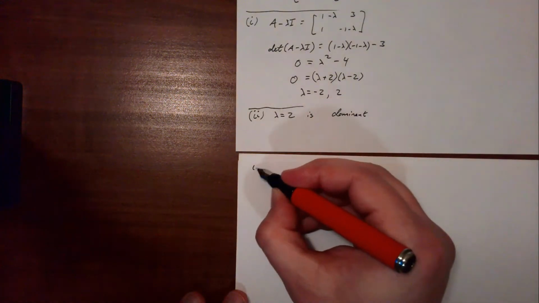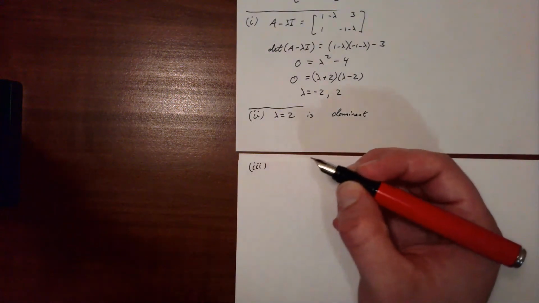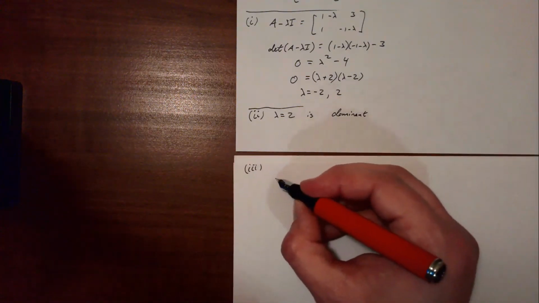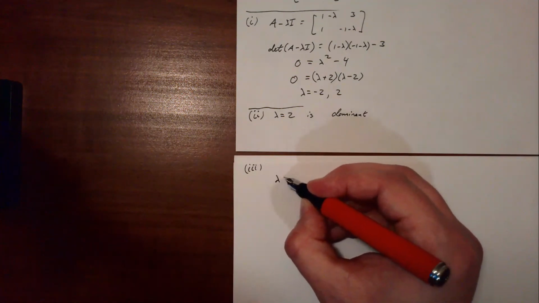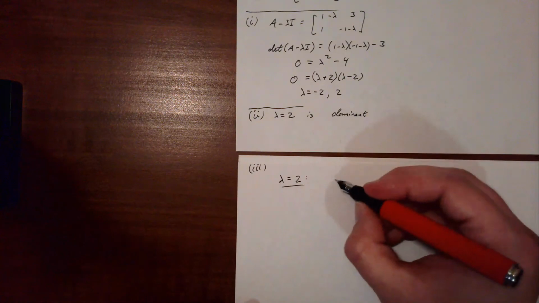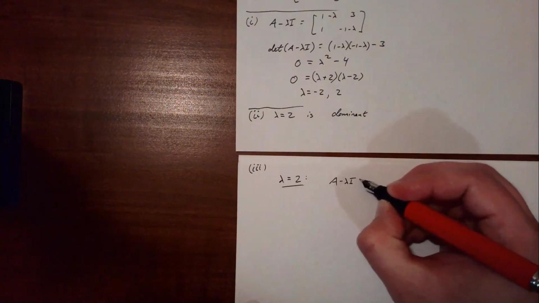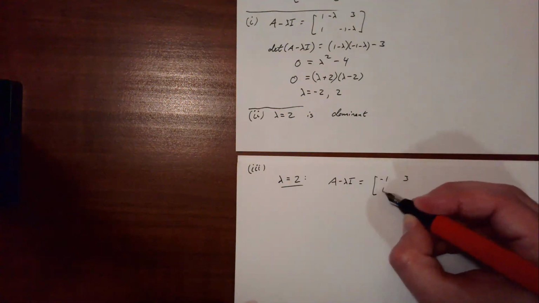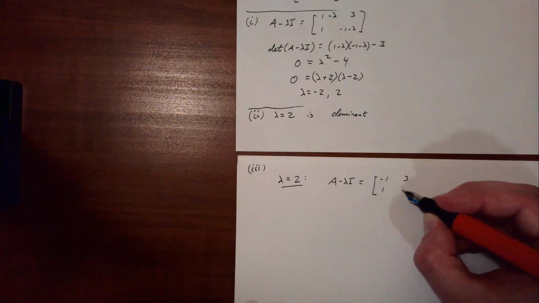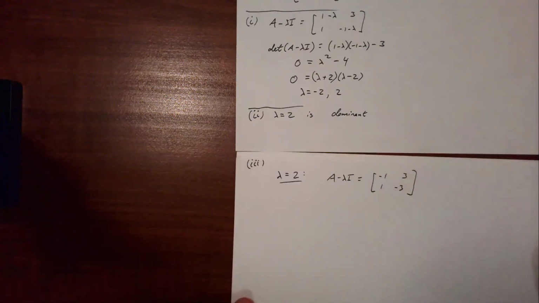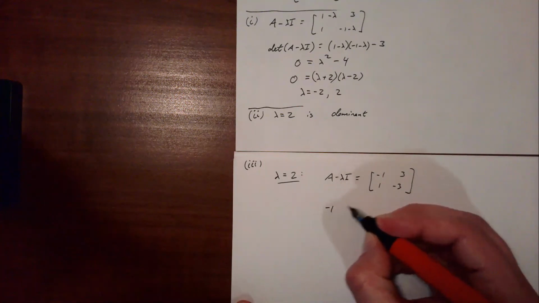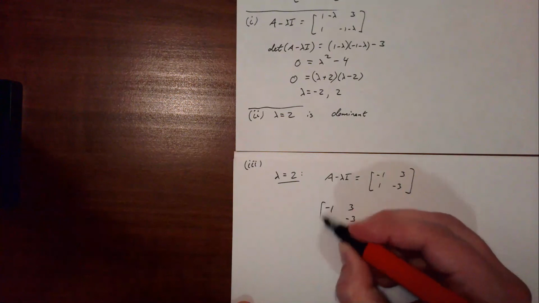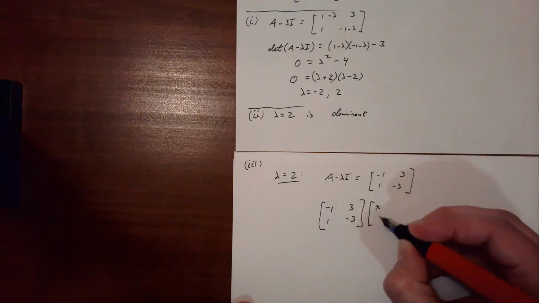And then, let's see, what else did we need to find? 3, what are the eigenvectors? Yep, makes sense. Okay, so let's start with lambda equals 2. So A minus lambda I will be 1 minus 2, it's negative 1, 3, 1, negative 1 minus 2, negative 3. So negative 1, 3, 1, negative 3 times xy.